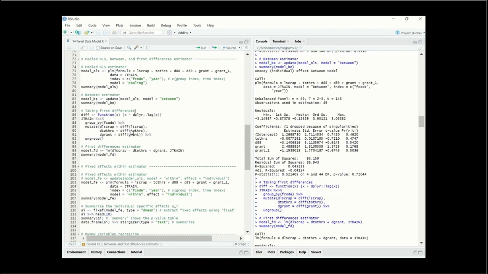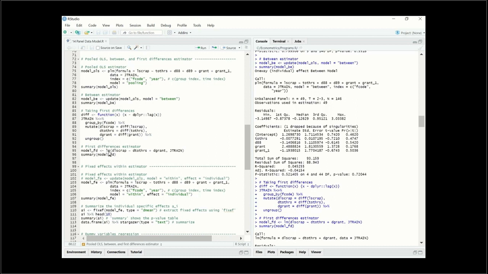Same for total hours of training: the diff function takes the value this period minus the value last period, and so forth. Notice that the reason why we need to group everything by fcode is that we will not be taking lags across the firms. We should only be taking lags within each firm. So that's why it's important to group it. And here we're ungrouping the data again. So now here's the first difference estimator.